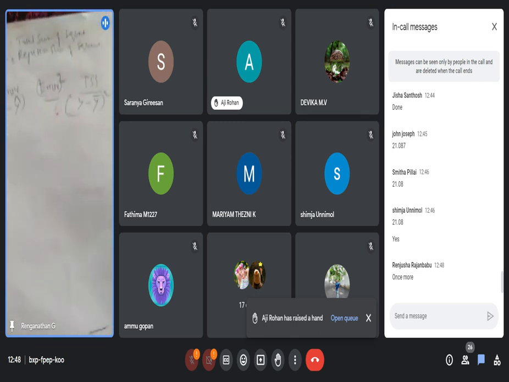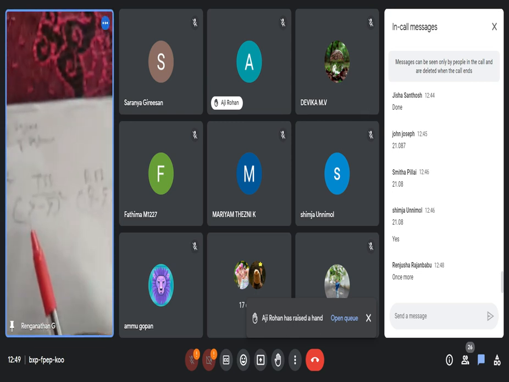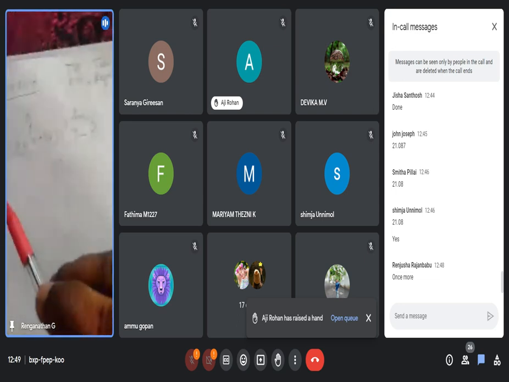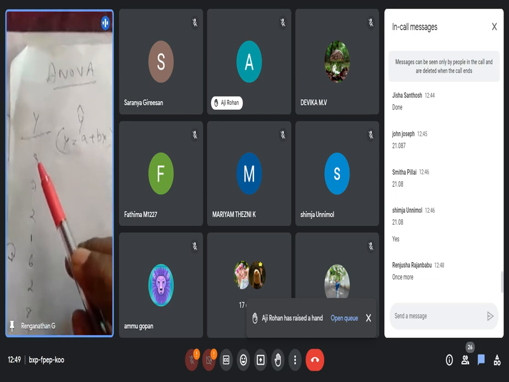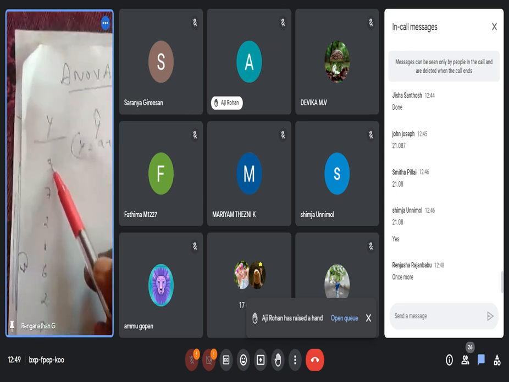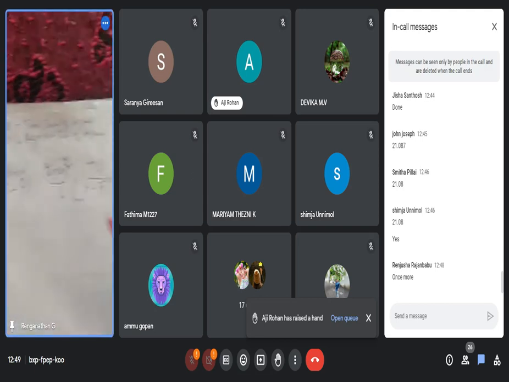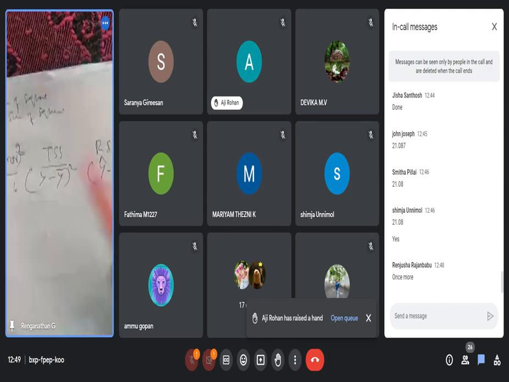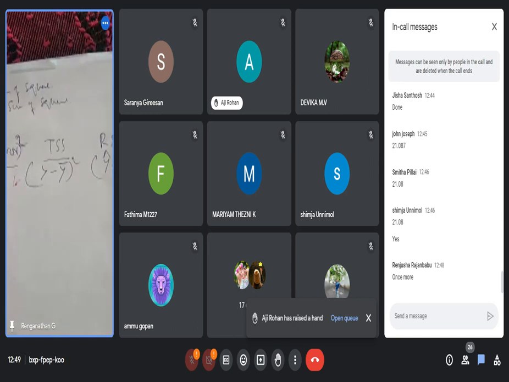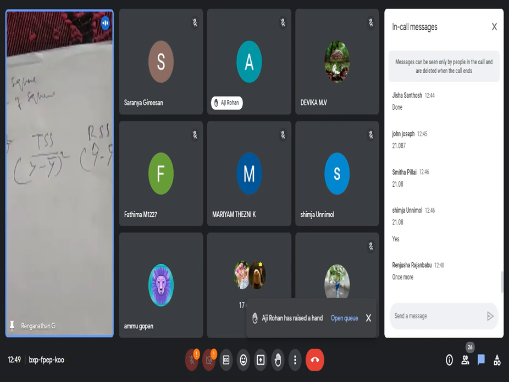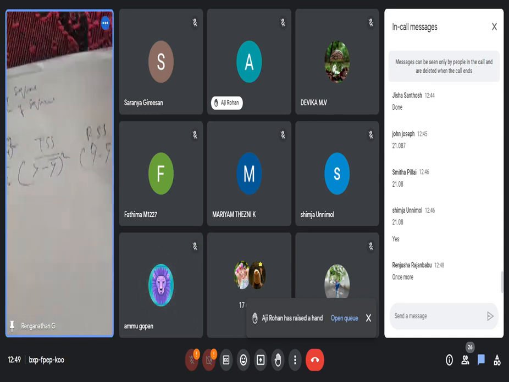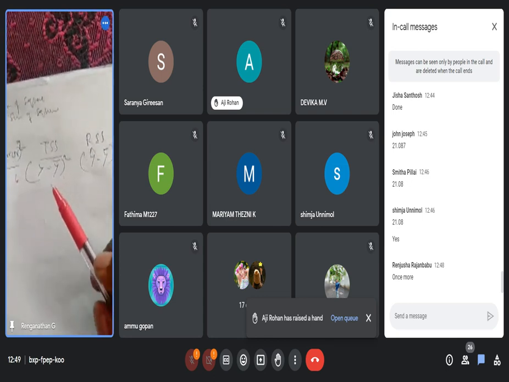Okay, Ranjusha. I am showing once more. See, take every y value. What is the first y value? 3, isn't it? 3 minus. What is the value of y mean? We found out the y mean there, isn't it? 43 by 10. That means 4.3. So 3 minus 4.3.